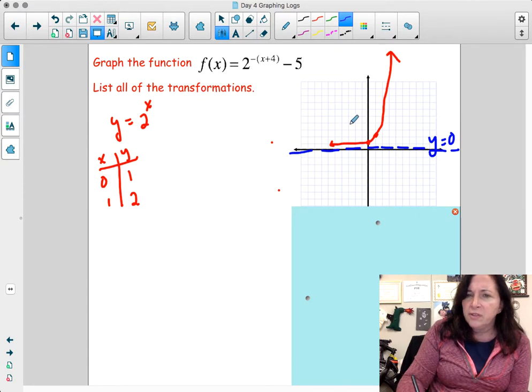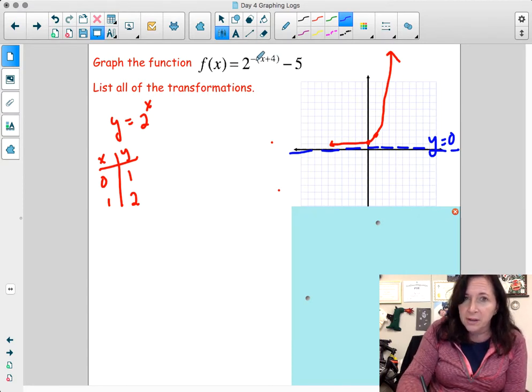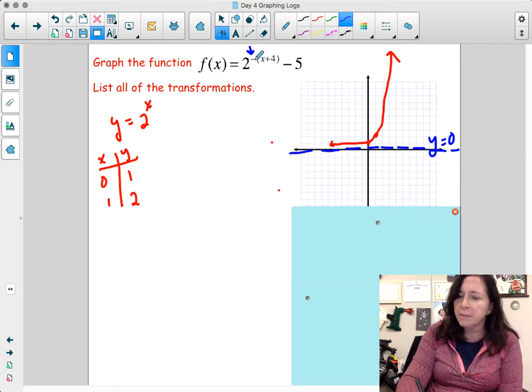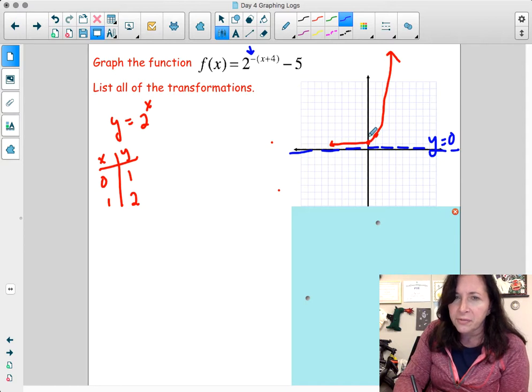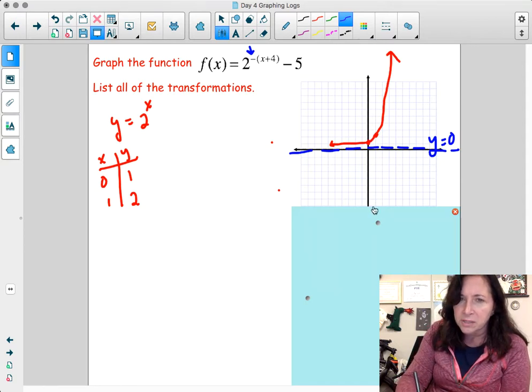Now, this is just the parent graph. We haven't graphed this completely. We need to do a few things. Number one, you want to do your reflections first. This negative sign in front of this value up here tells me that I need to reflect my equation across the y-axis, which is right here.